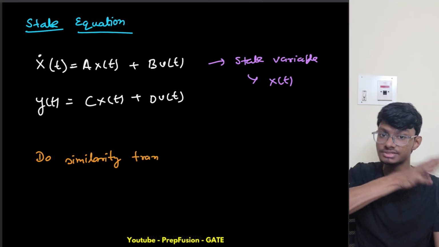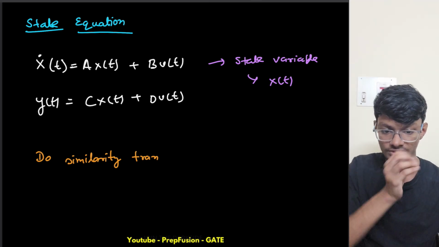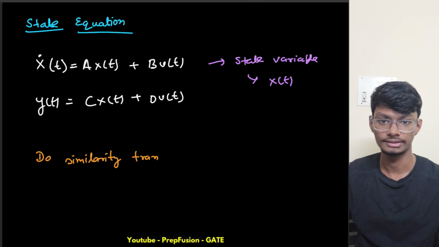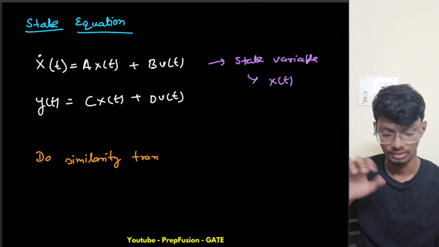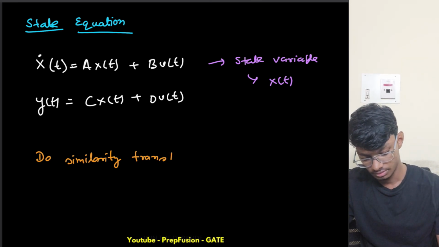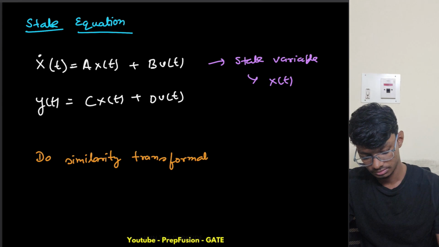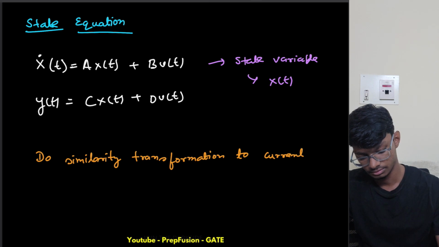The main factor is there should be some relation between the previous state variable and the current state variable. That is why we are studying similarity transformation to get the current state variable.